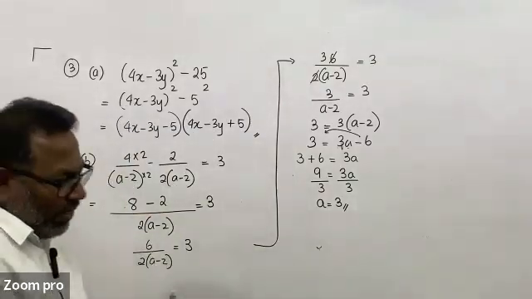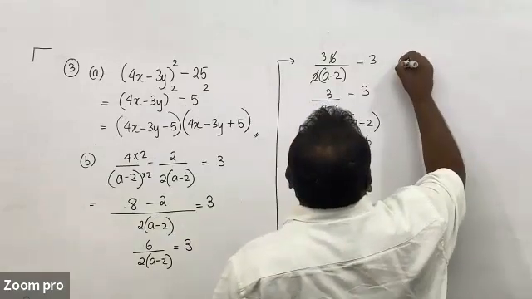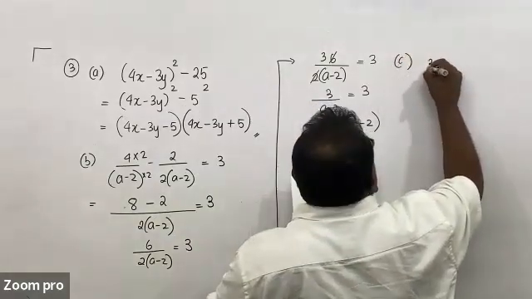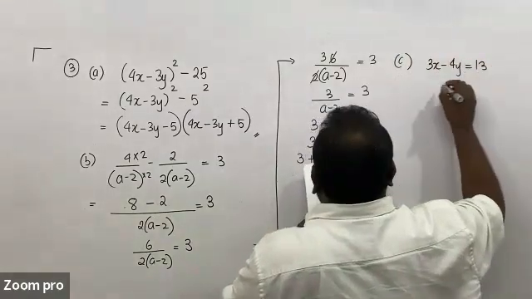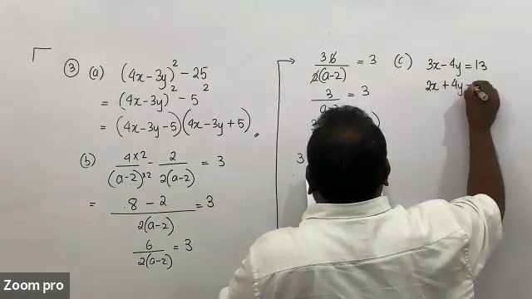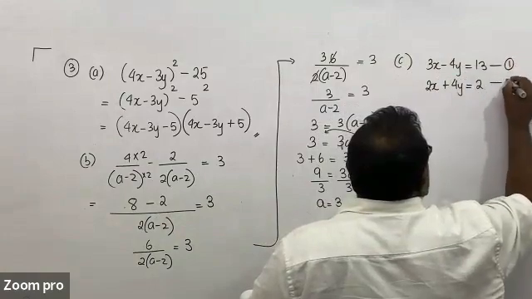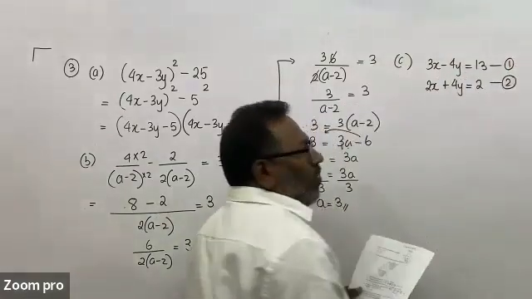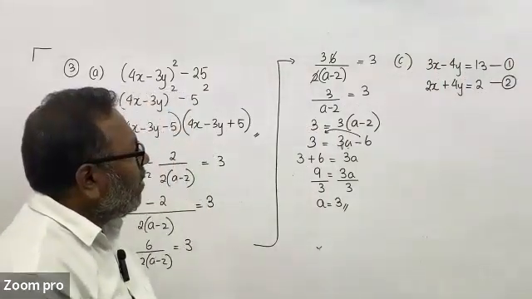Right. C part of the question. Solve a simultaneous equation. So you have 3x minus 4y is equal to 13, and 2x plus 4y is equal to 2. This is your first equation, second equation.